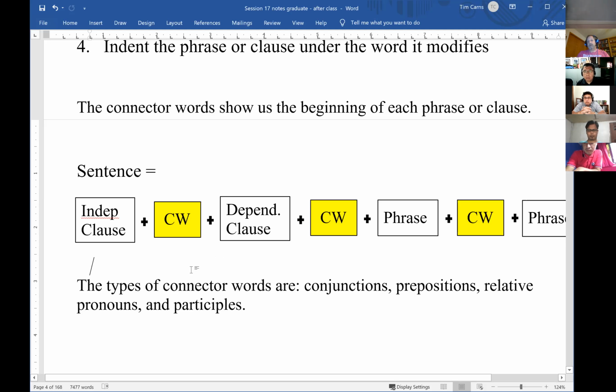All right. That's why I call them connector words, because they have a role of connecting, much like I think we talked about before, bricks. If you think of bricks that are built into a wall, those bricks are held together and connected by the mortar between them, right? The concrete, the cement.